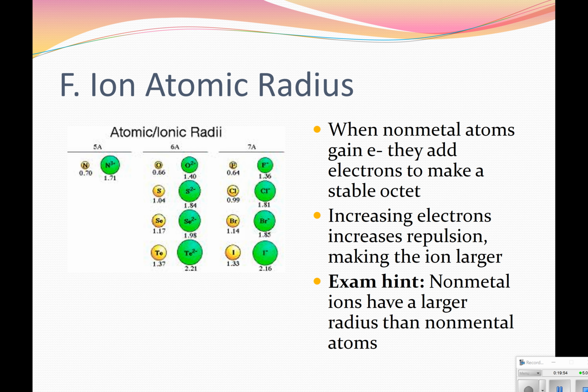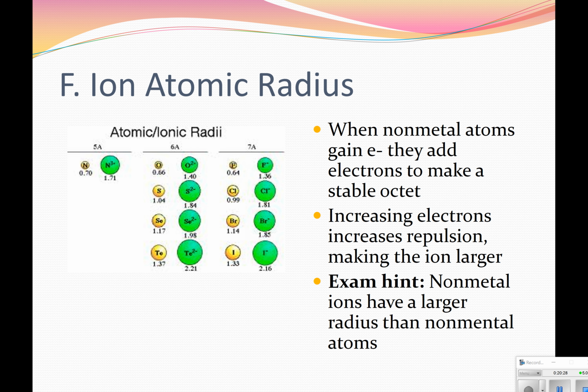So when non-metal atoms gain electrons, they add an electron or more to make a stable octet, which increases, since we have extra electrically charged particles in our electron cloud without offsetting positive charges in our nucleus, we get this electron repulsion between these extra electrons in our valence shell. That repulsion causes the cloud to become a little bit larger, and we saw this in the simulator a few lessons back.